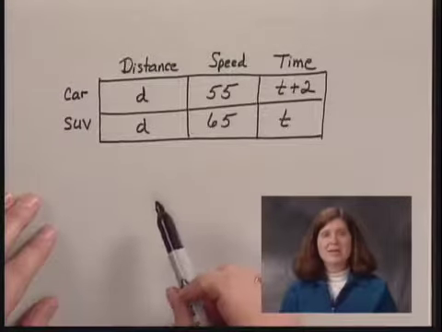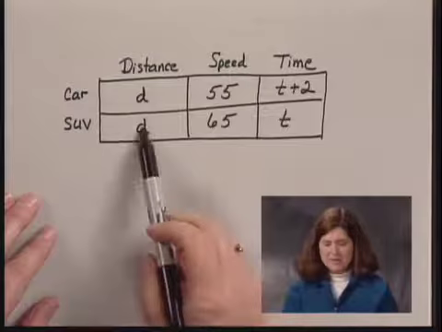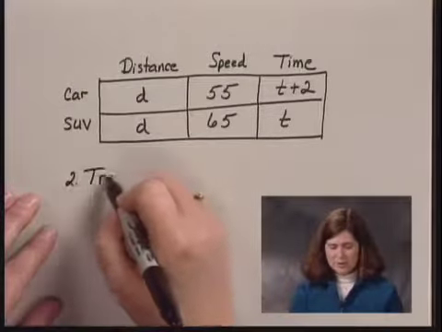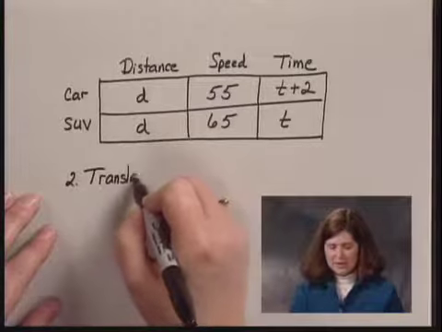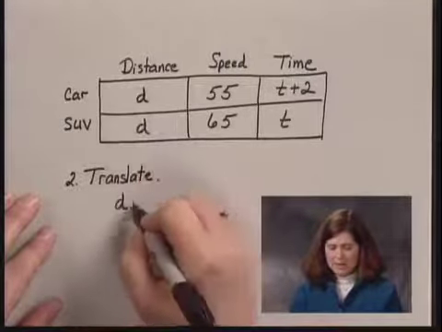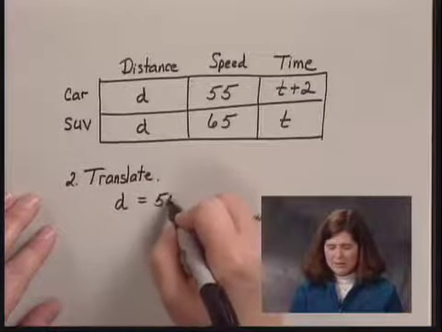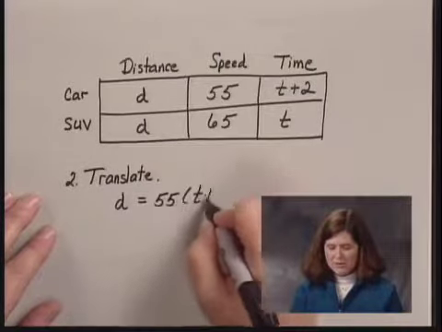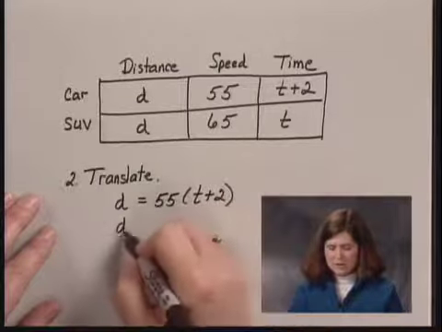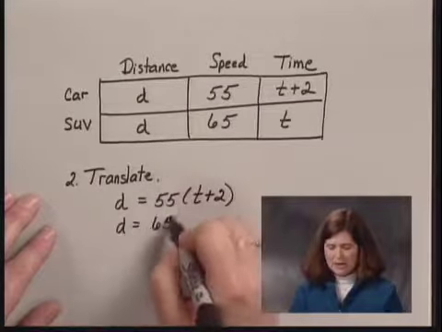And we can get a second equation from the second row of the table since distance equals speed times time. So in step 2, translate, I can get two equations. d equals 55 times t plus 2. And I can get a second equation, d equals 65t.